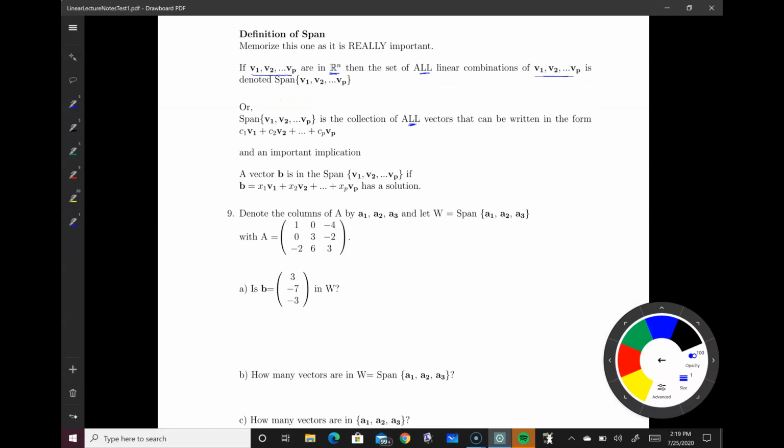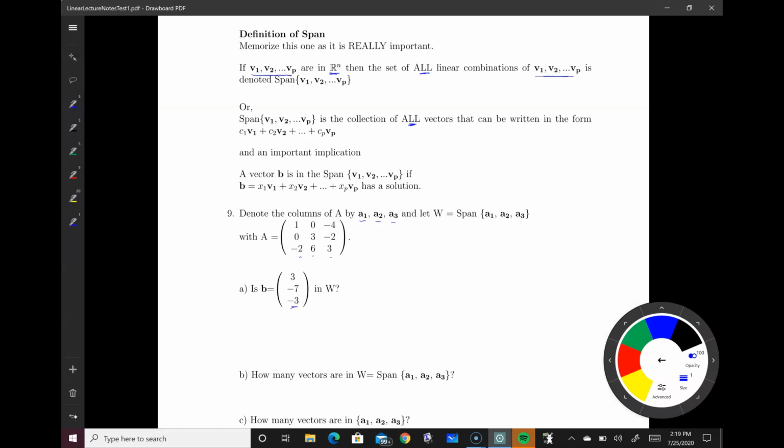All right. So here we have a matrix A, and I'm given what the vectors are because the columns of the matrix A are the vectors A1, A2, A3. And so now we're going to let W equal the span of all of these vectors. So the question is, is this vector B in W?